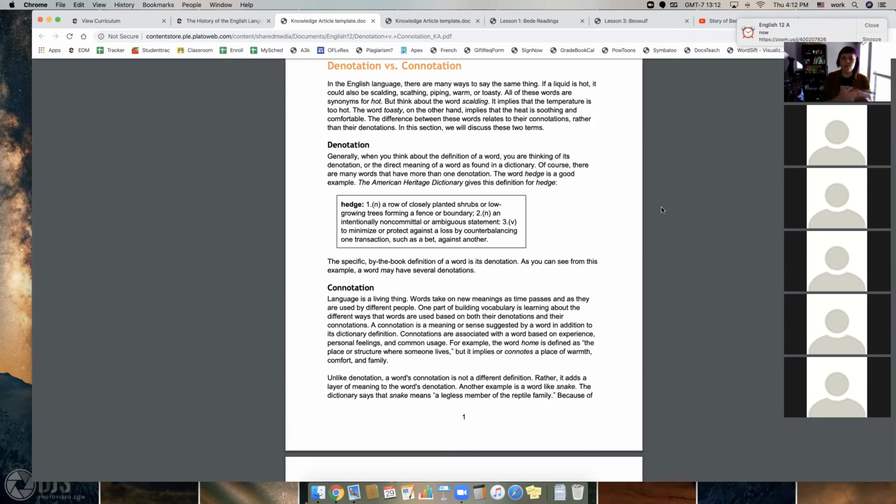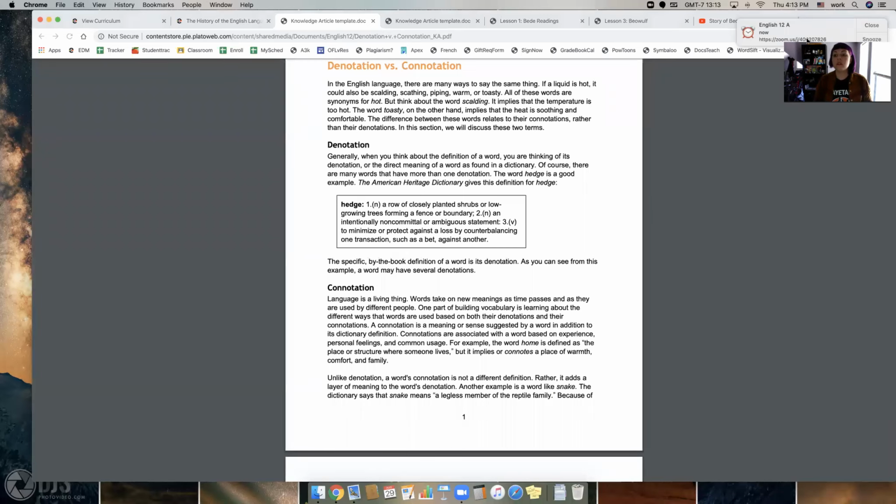One word is just what the word means. The connotation of the word bum is negative. When somebody says, oh, look at that bum, you know that they're being negative. That's what connotation is: that surrounding meaning when it comes to the word.